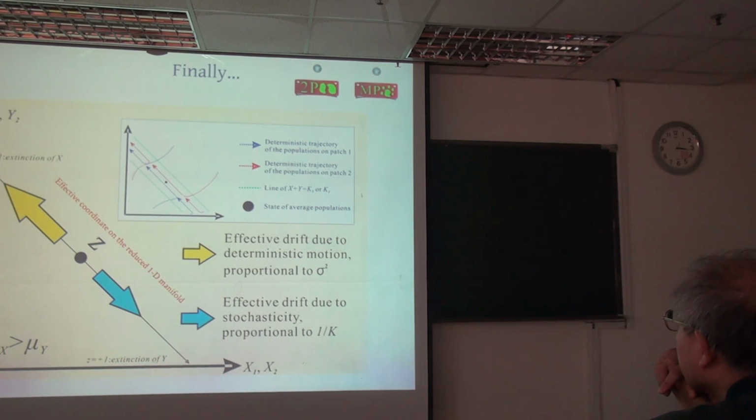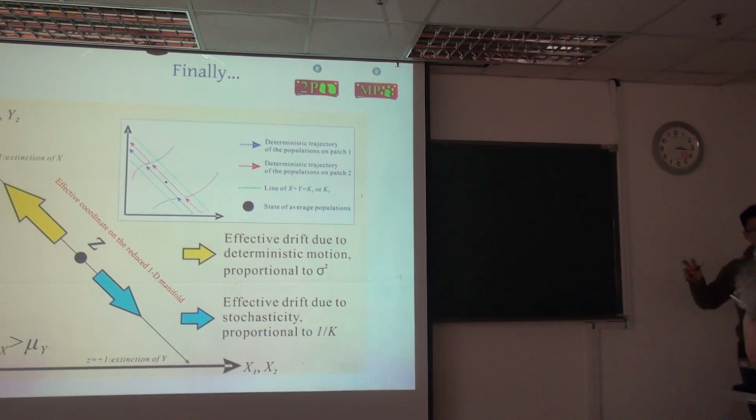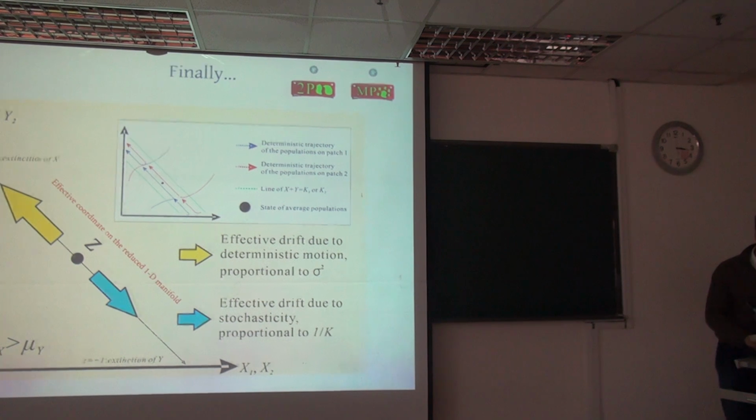So a reasonable guess is that when you divide this term by that term, you get a sort of non-dimensionalized scale, which should be proportional to k sigma squared. And this k sigma squared is actually the boundary of the regime shift proposed by Leonard Sander and David Kessler.